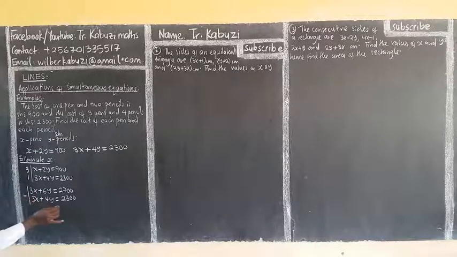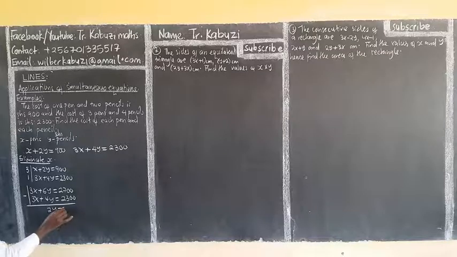So then I subtract here. I have 3x minus 3x, which is 0. 6y minus 4y gives me 2y, equaling 2,700 minus 2,300. You see that we are getting 400. So if we divide by 2, we see that our y is 200 shillings.